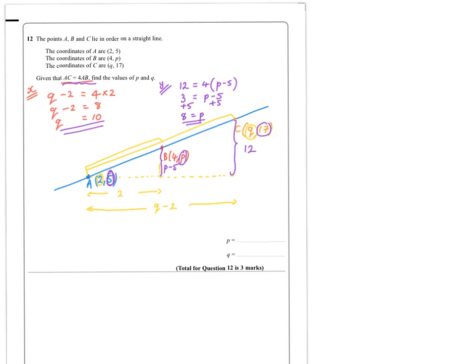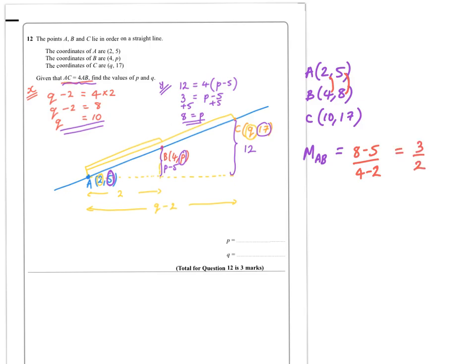Let's just check then that if A was 2, 5 and B was 4, well, we said P was 8 and Q we're saying was 10, 17, then the gradient from A to B, well, that's the change in y, so we've got 8 minus 5, or 5 minus 8, over 4 minus 2, or 2 minus 4, depends which way you want to go, but you must go the same way for both. In this case we'll get 3 over 2, so the gradient is 1.5.